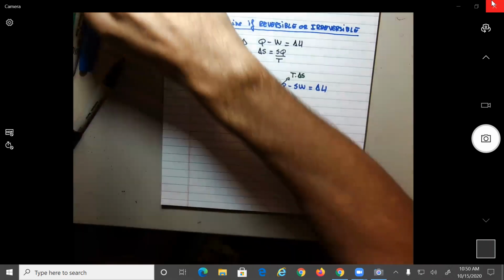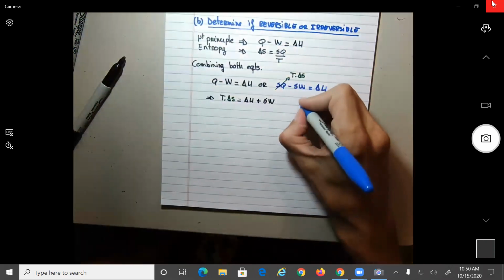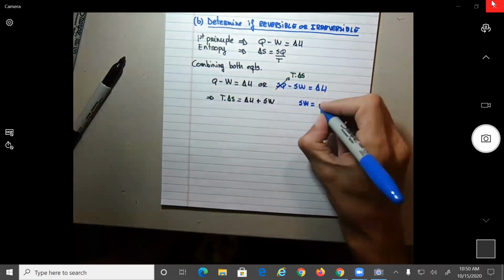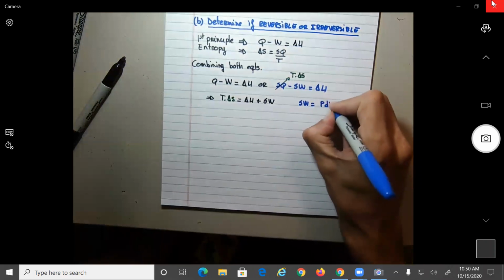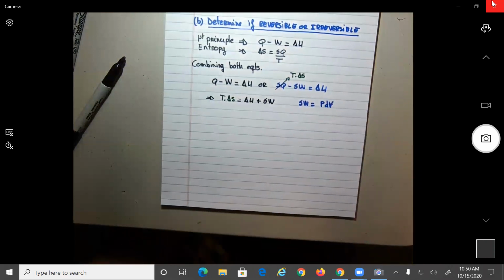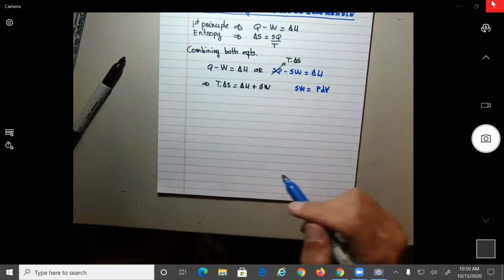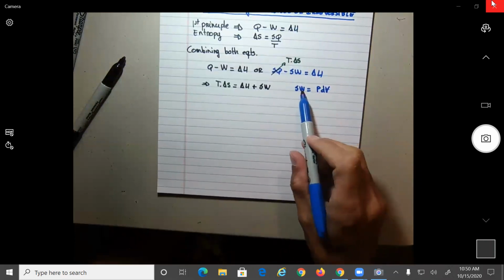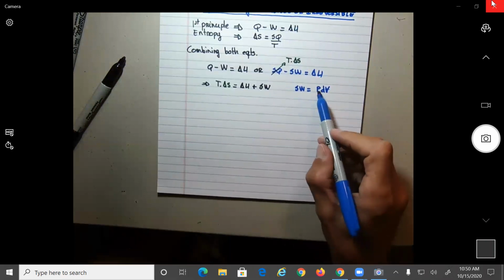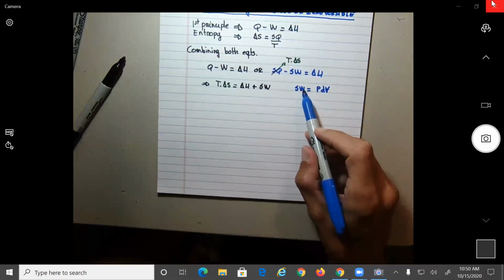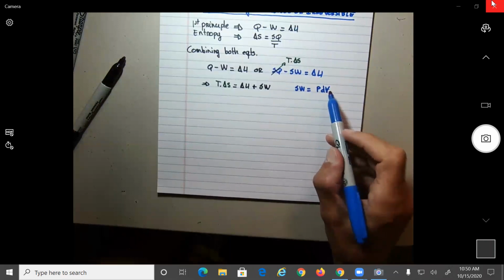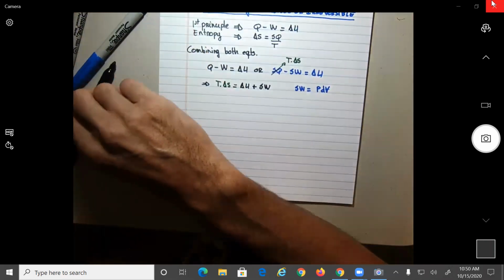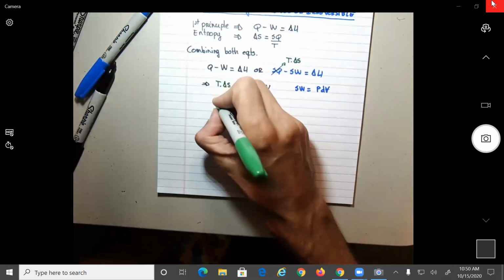Okay, what is the definition of the work? Now it's getting a bit complicated because we combine everything. The definition of work is PdV. Work is the integral of PdV, but if I just take the partial, it will be PdV. So now this is equal to TdS.